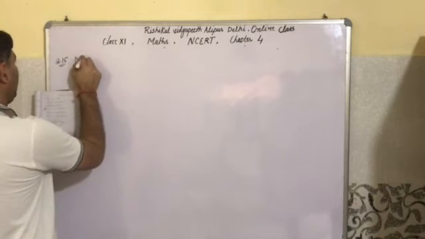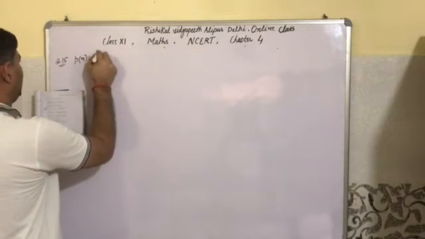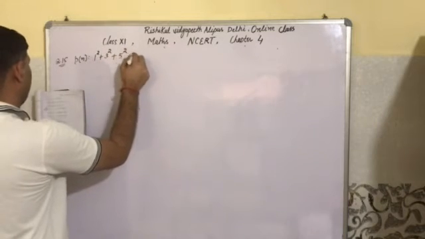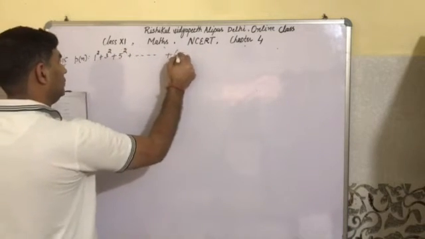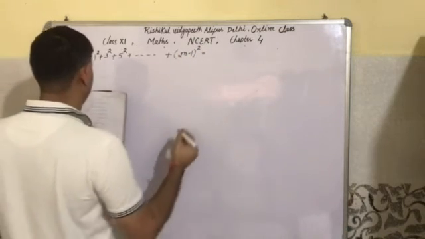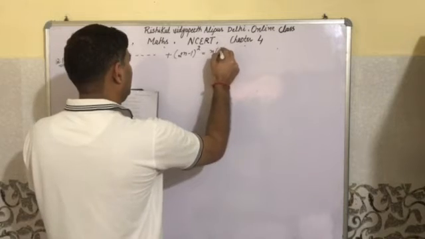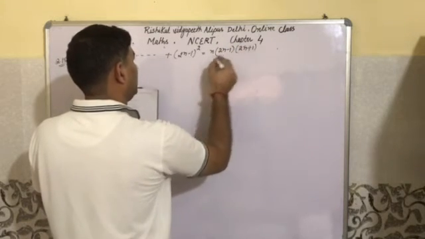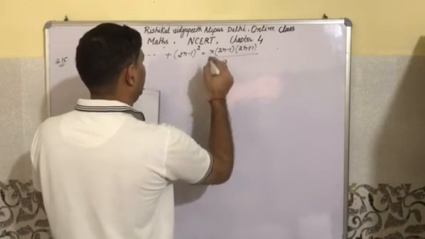P of n: 1 square plus 3 square plus 5 square and so on up to plus 2n minus 1 square is equal to n into 2n minus 1 and 2n plus 1 over 3.